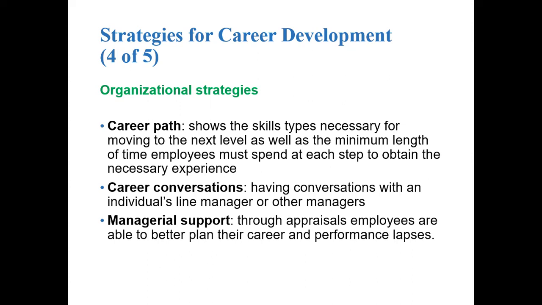As an organization, this needs to be very clear from the very beginning, so that employees can know that this is what they need to be able to progress in a certain career path. And that is usually in some policy documents of the organization that make it very clear what is needed.